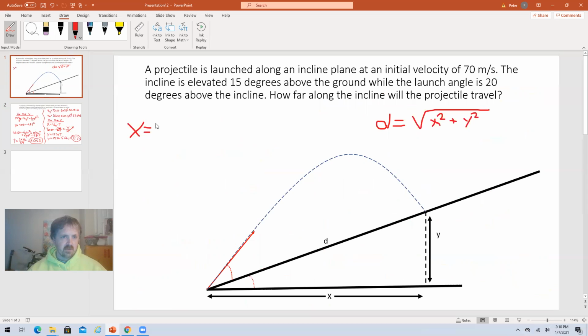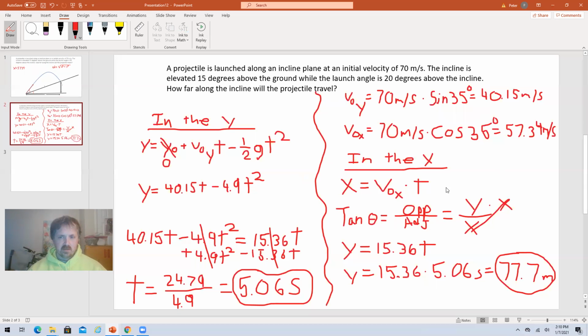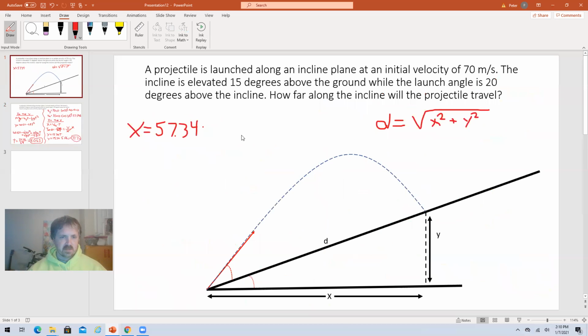X is going to equal 57.34 multiplied by t, which is 5.06. Equal to about 290 meters.